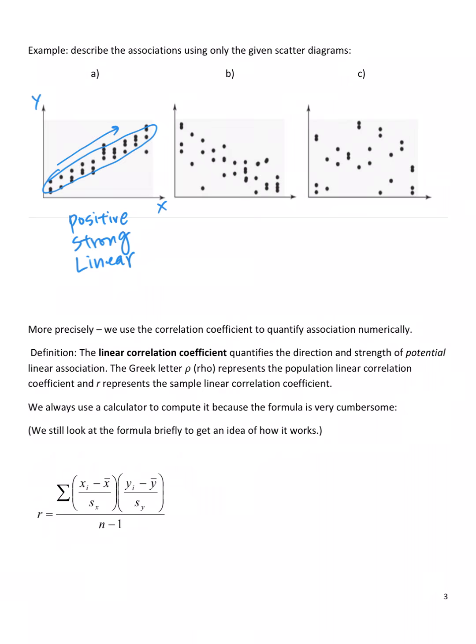Now, for B, I would argue that the direction is not as clear as the first one, but in general, if x increases, then y decreases with it, so it's going down this way. So I would suggest that the association is probably negative.